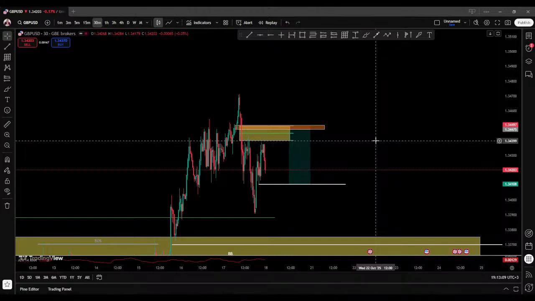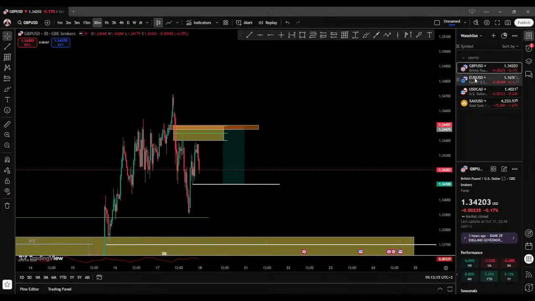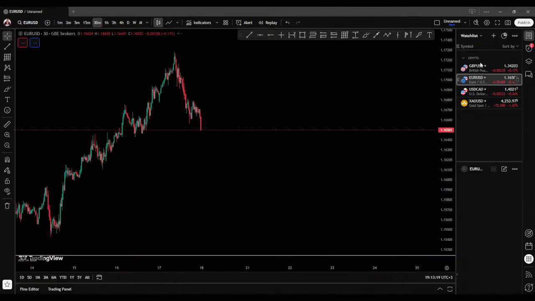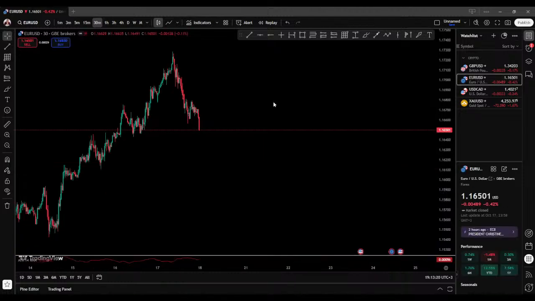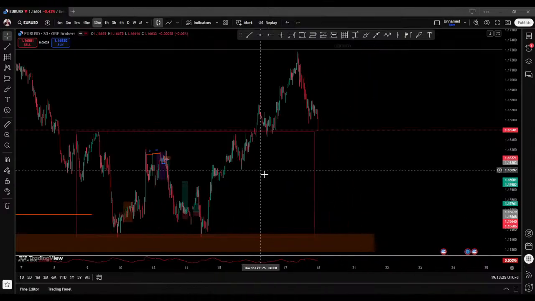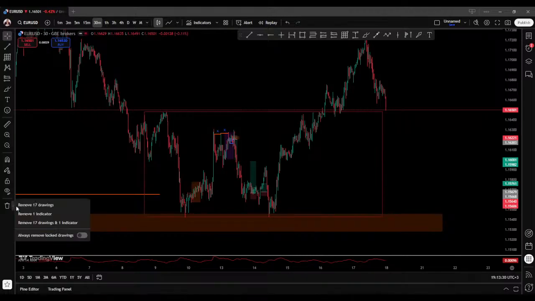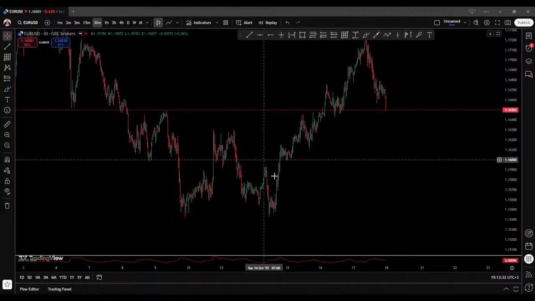Let us now move to EU. They usually move almost the same. Because we have done a lot, this one I'll move a little bit faster. Remove the drawings.